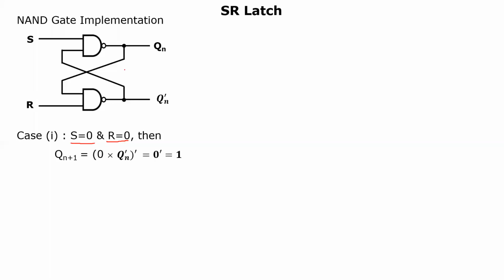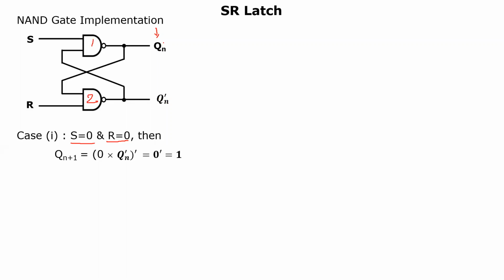Here we need to identify the present state. During S equals 0 and R equals 0, the output of the first NAND gate will be Qn. We don't know the value of Qn, but you have to consider that it is Qn. And the output of the second gate will be Q complement n. We don't know the value of Q complement n here either, so it is just some particular value.